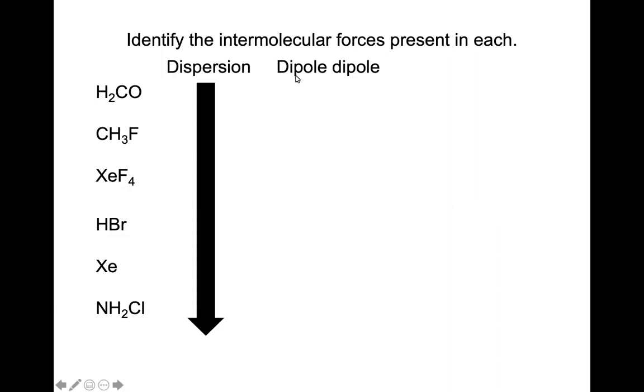When I'm thinking about the dipole-dipole forces, the real thing I'm trying to think of, is there an example of one where as vector quantities, the bond dipoles cancel? Is there something where even though I have different atoms present, they would still cancel and result in a nonpolar molecule? As I look at this group right here, well, HBr definitely is polar. CH3F, definitely polar.